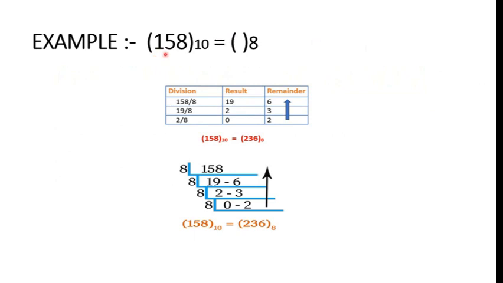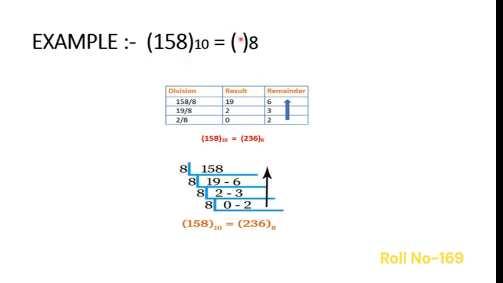In this example, 158 to the base 10 is equal to what in base 8, which is octal. In this case, we need to convert the decimal number to its equivalent octal number. In the number system, each type has its own base number. The octal number has a base of 8, similar to the decimal number, which has a base of 10.